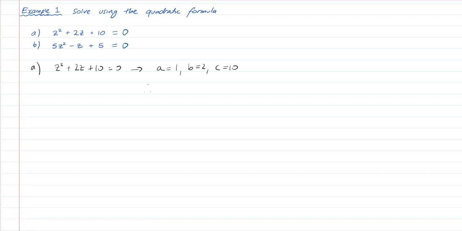So therefore, z is equal to -b plus or minus the square root of b squared minus 4ac all over 2a. And we can solve this, giving us -2 plus or minus the square root of 2 squared minus 4 times 1 times 10, all over 2 times 1.